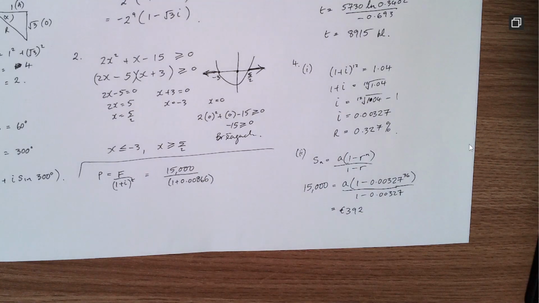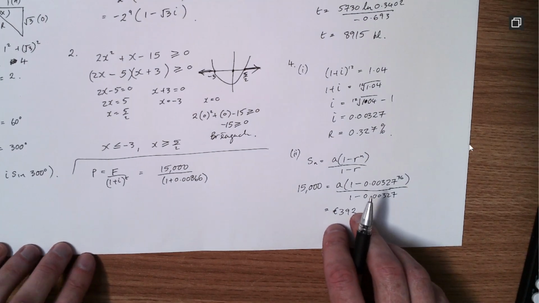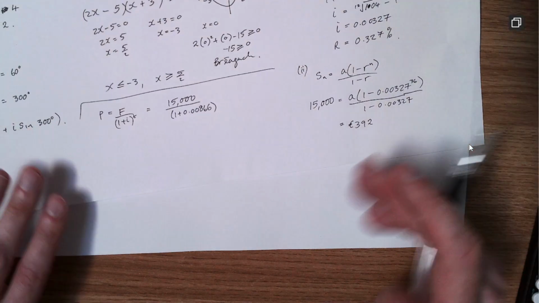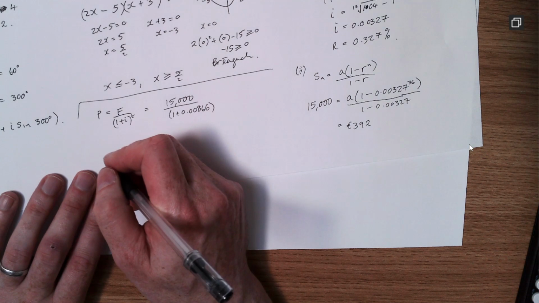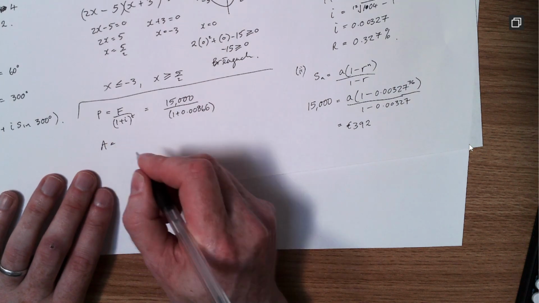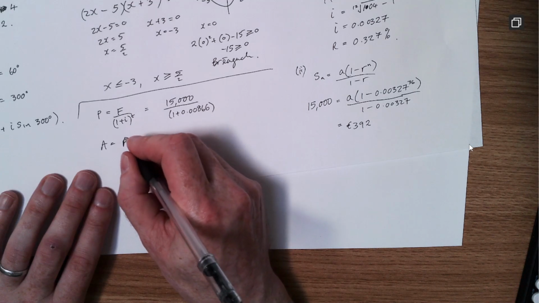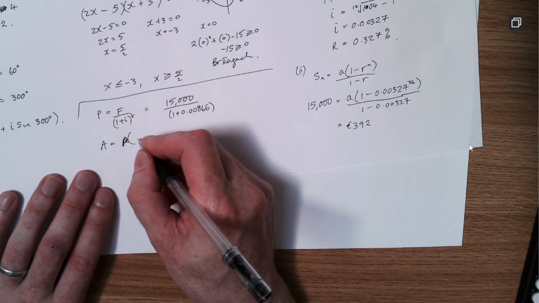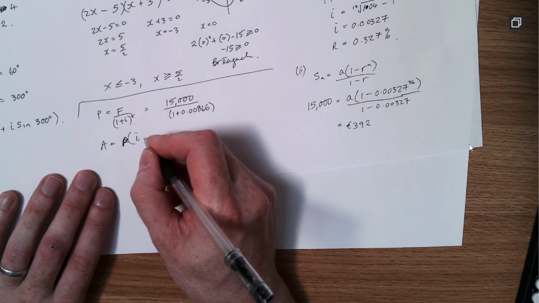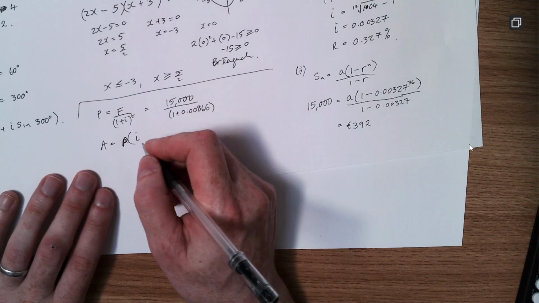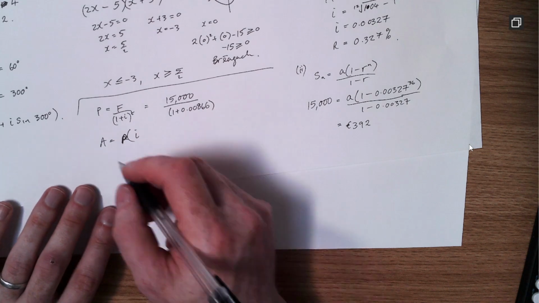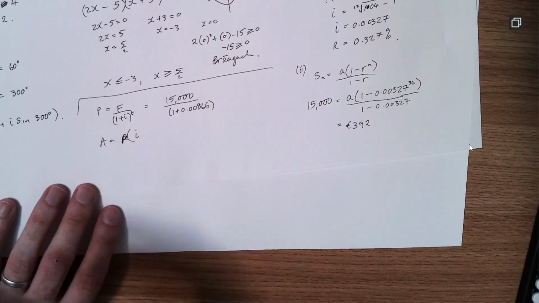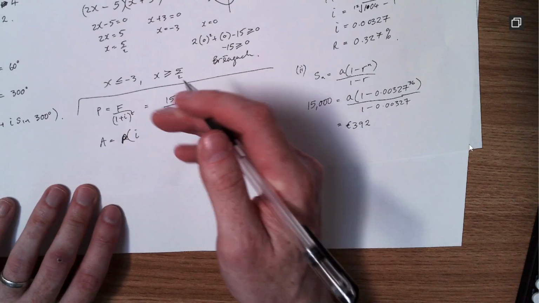Is this the formula? It's an amortization formula. That's one way to get the loan balancing different payments.